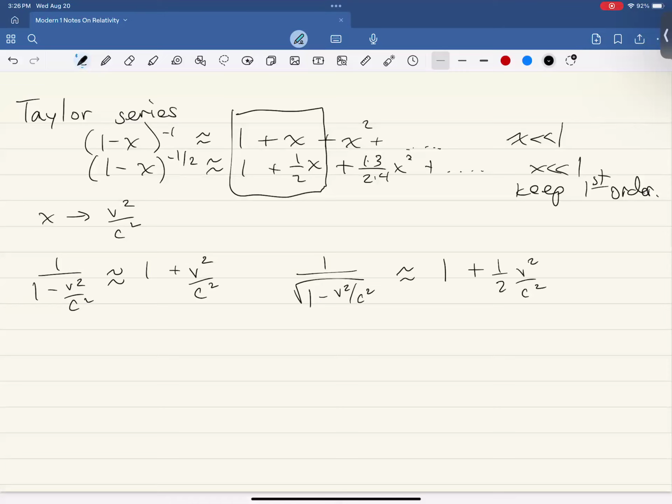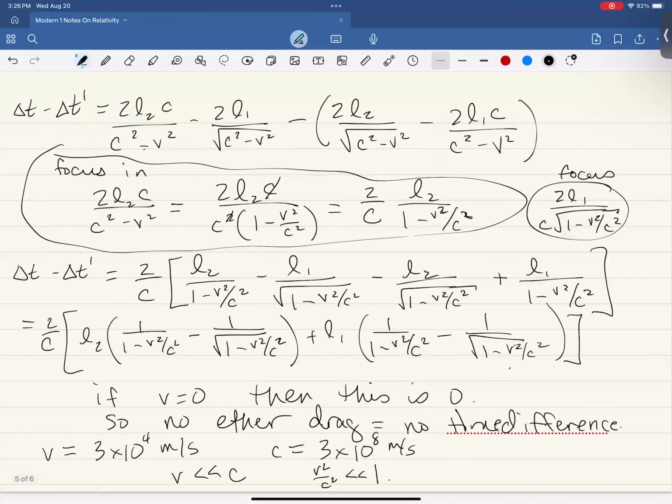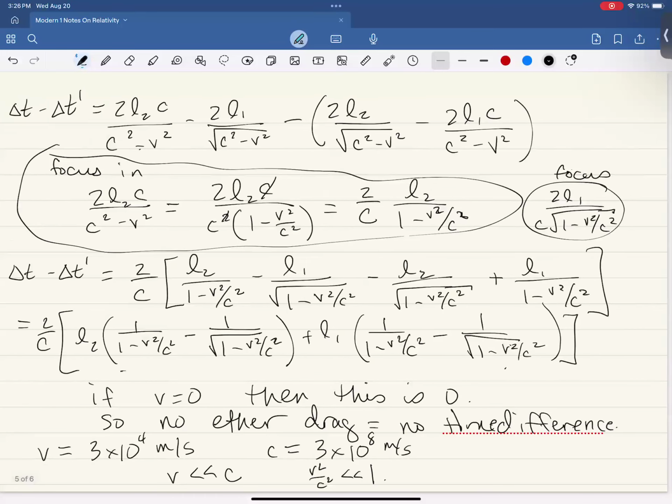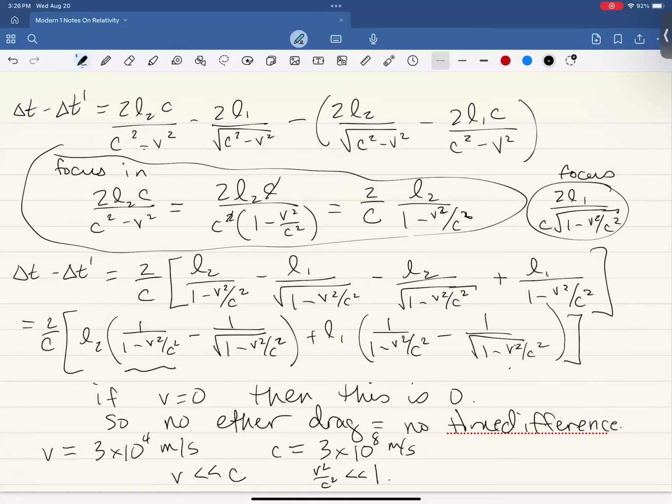All right. So now, if we take these approximations and plug them into our equation for delta t minus delta t prime, everywhere I see a 1 over 1 minus v squared over c squared, I'm going to plug in that approximation. Everywhere I see a 1 over the square root of 1 minus v squared over c squared, I'm going to plug in that approximation. Okay, so let's do that.